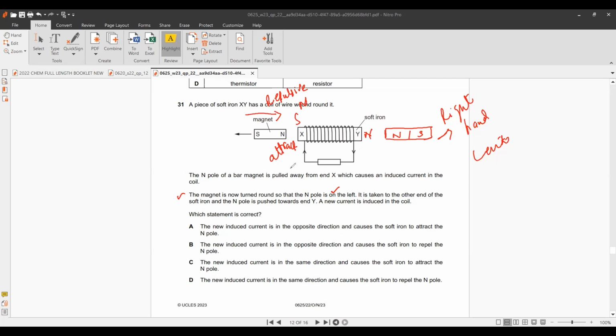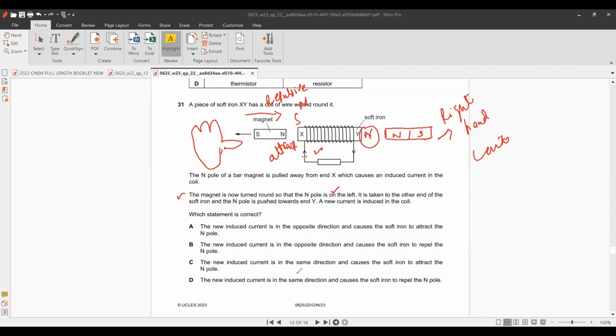If we apply the right hand rule, we curl the fingers in the direction of current and the thumb would point in this direction, showing that north would be present here, which means the direction of current would remain the same.